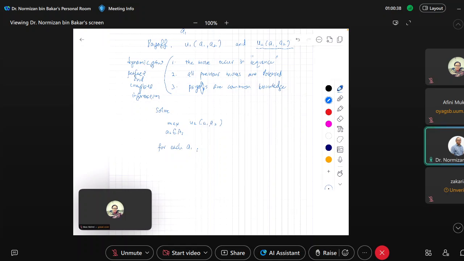So that solution can be denoted as R2(A1). Okay. We call it the best response of player 2 regarding any choice of player 1.